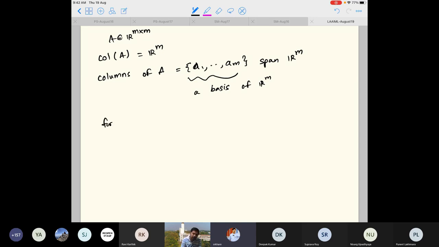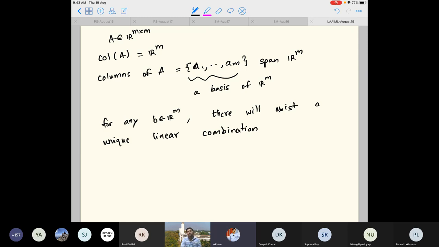Then for any B in Rm, there will exist a unique linear combination x1 up to xn, which is m here. I will just write it in terms of vectors, such that Ax is equal to B.